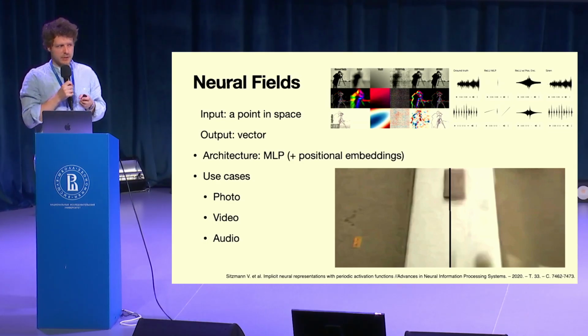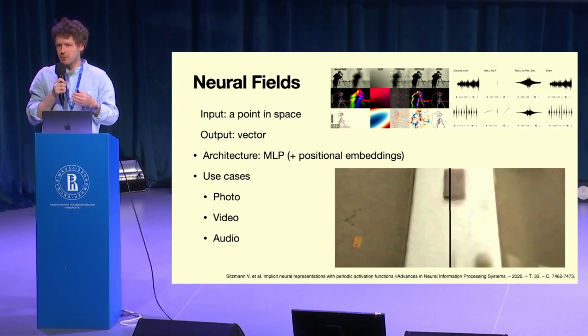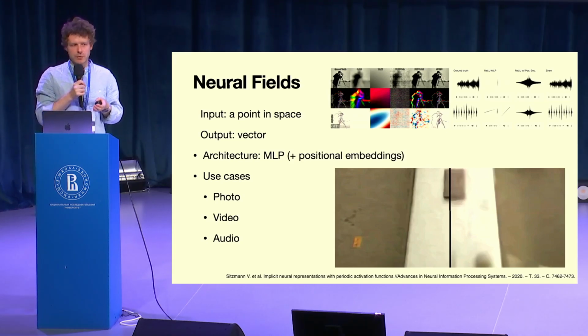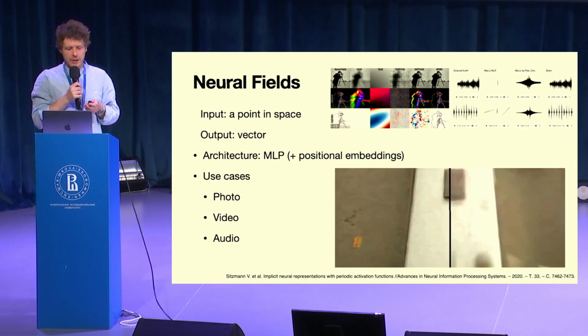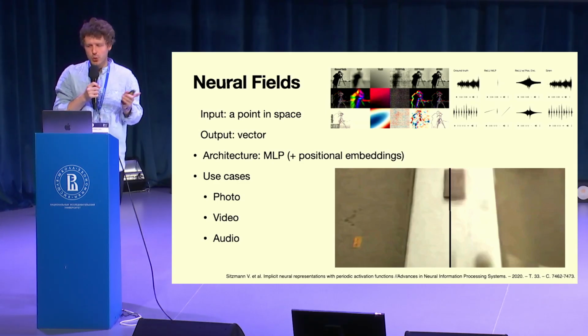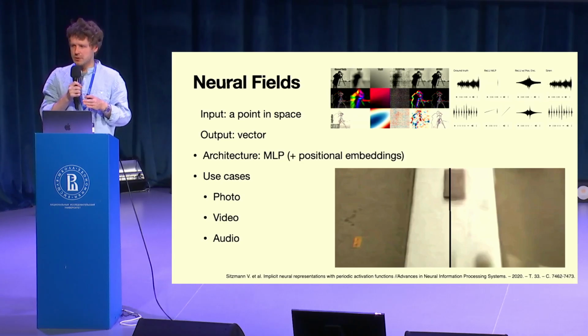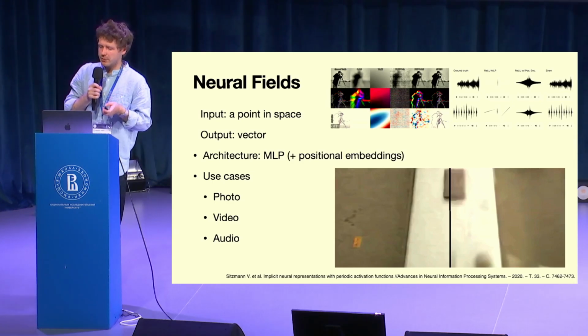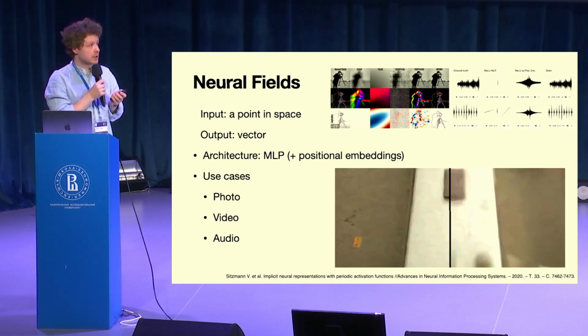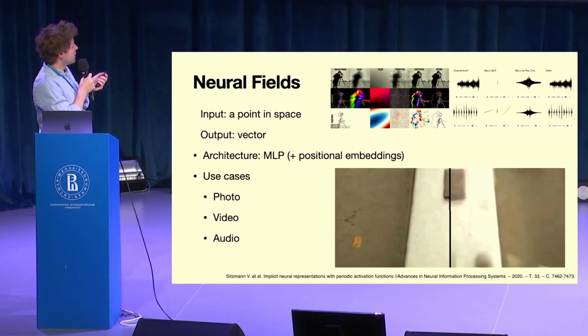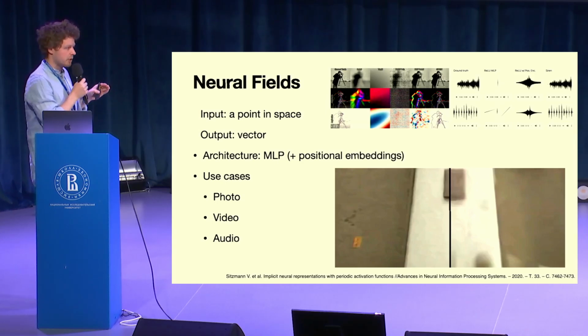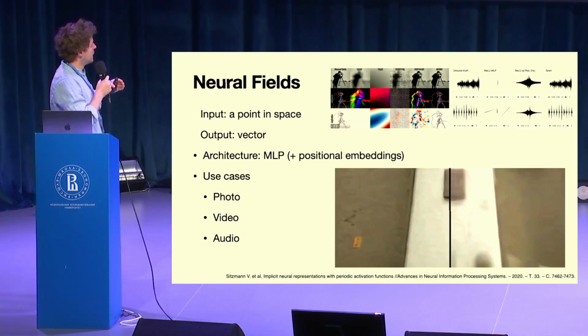And it turns out that not only neural networks are useful for machine learning applications, they are also useful for modeling fields. And in this slide, I show several examples from one of the seminal works called Siren, in which the authors explored representing images, audio signals, and even video data with those tiny neural networks. So let's look at the examples. They succeeded in representing photos, and they show that careful selection of architecture can really improve the quality of rendering.